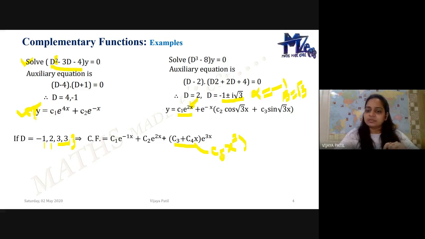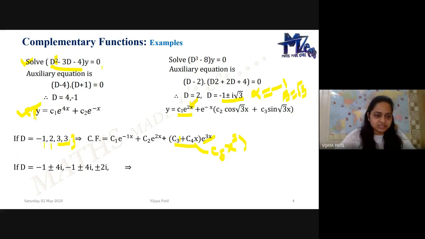So the fifth constant will come into the picture, C5 x to the power 2, because it's 1, it's x, and then x square. If we have got a fourth root also, it will be 1, x, x cube, x to the power 4, and so on, and this e to the power 3x will remain the same. This is what we have to understand: number of roots and number of constants in the CF have to be equal.